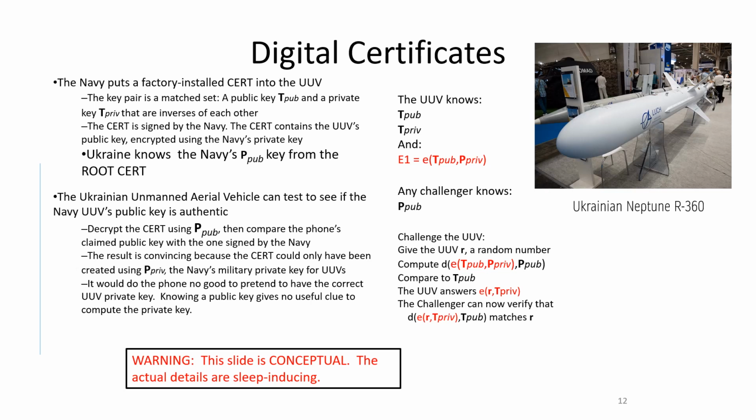given what you know, how do you develop something from a random number that you can encrypt, that only your intended recipient can decrypt. So the challenger can verify that the decryption of the encryption of the random number using the private key using the public key matches the random number.